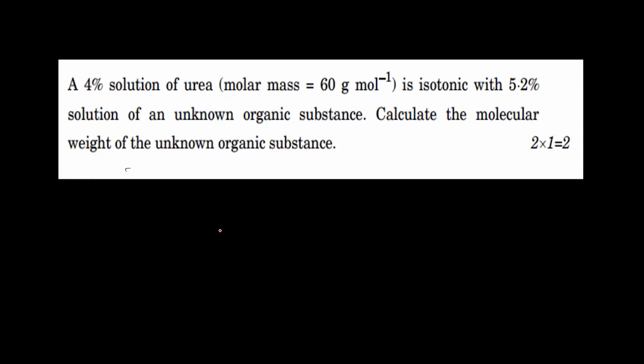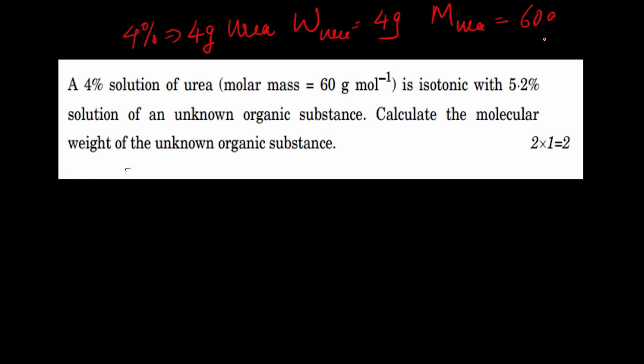The question is from the solutions topic. A 4% solution of urea. 4% solution means what? 4 gram. That is the weight of urea, 4 gram. And the molar mass of urea is also given. What is that? 60 gram per mole.